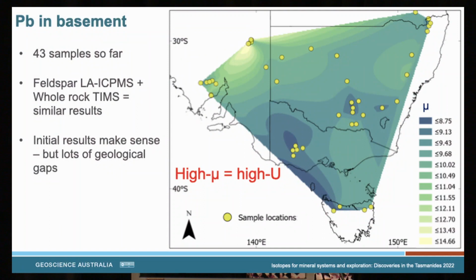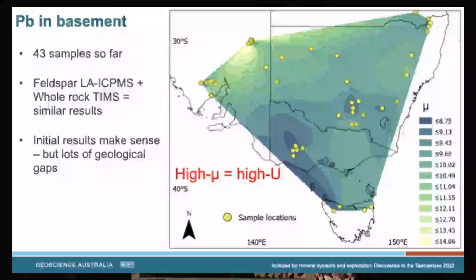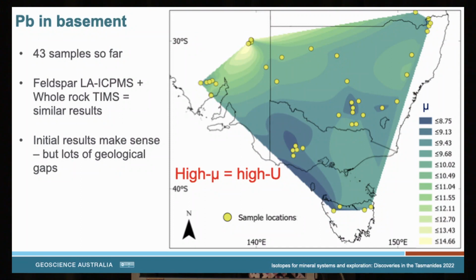The results so far make general geological sense. In the Staveley region, where there are arc rocks, the mu is lower U, reflecting the arc nature of this. Mount Painter has a lot of uranium around it, and it's got the highest mu so far, so it's promising, it looks good.